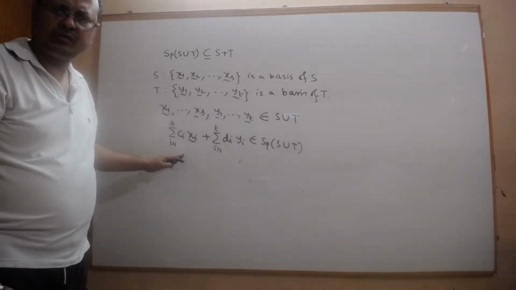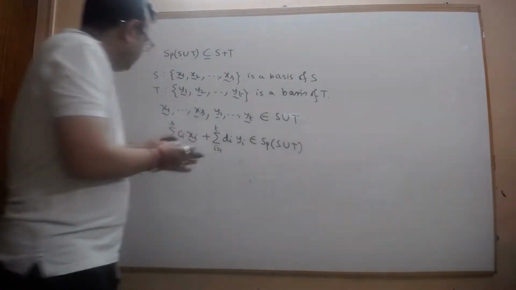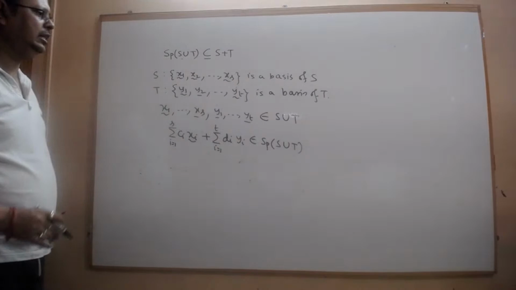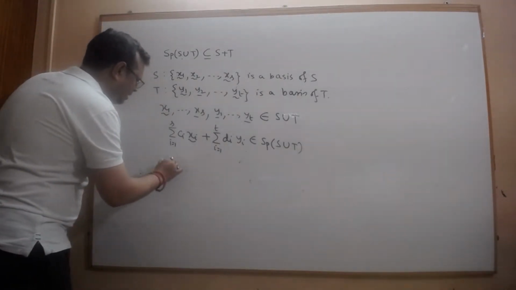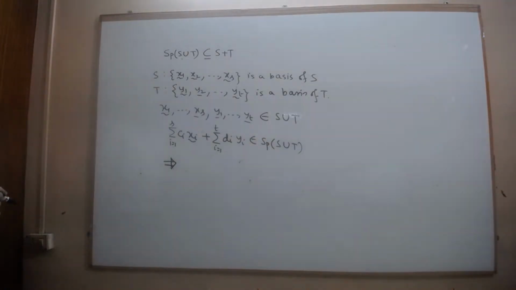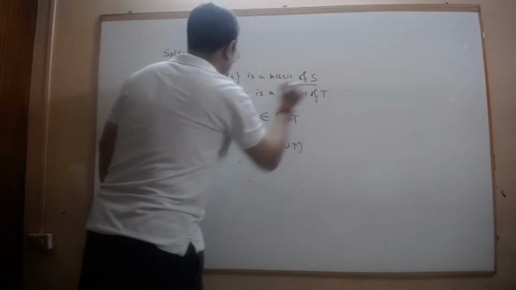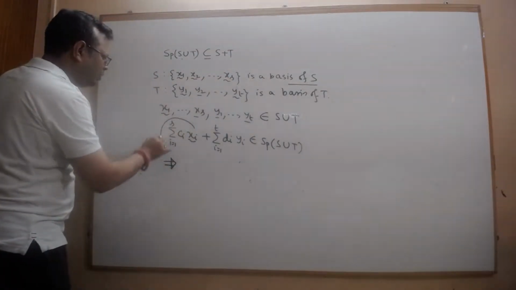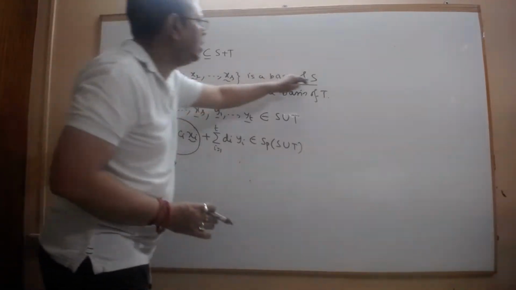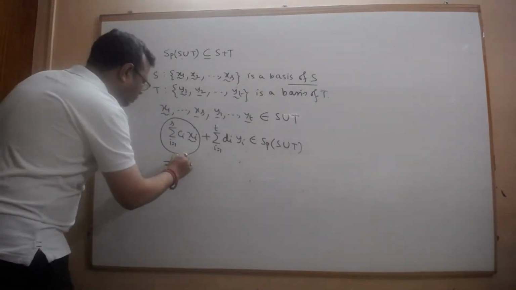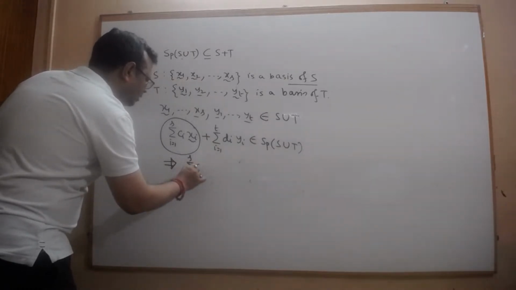Okay, thank you. Next. So this portion belongs to the span of S union T. Next, this implies, so this is a basis of S. So this portion is a linear combination of the basis of S, sum over i from 1 to s.